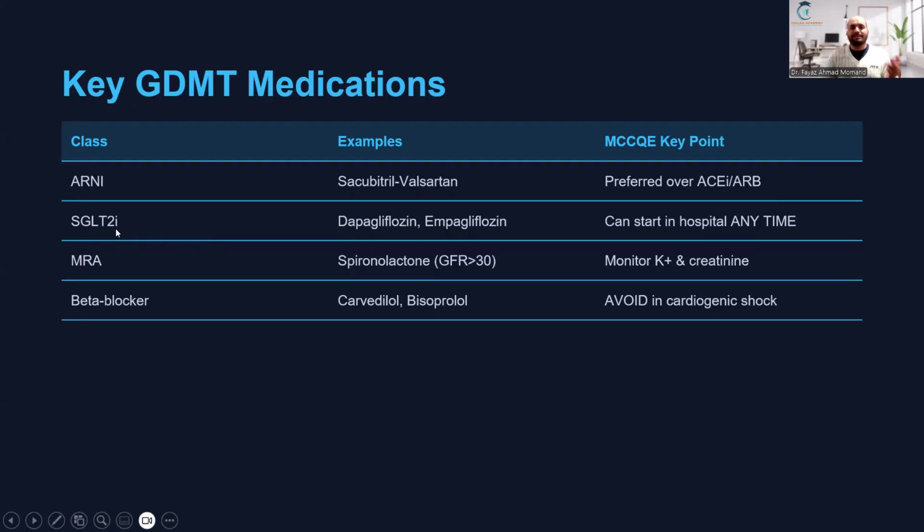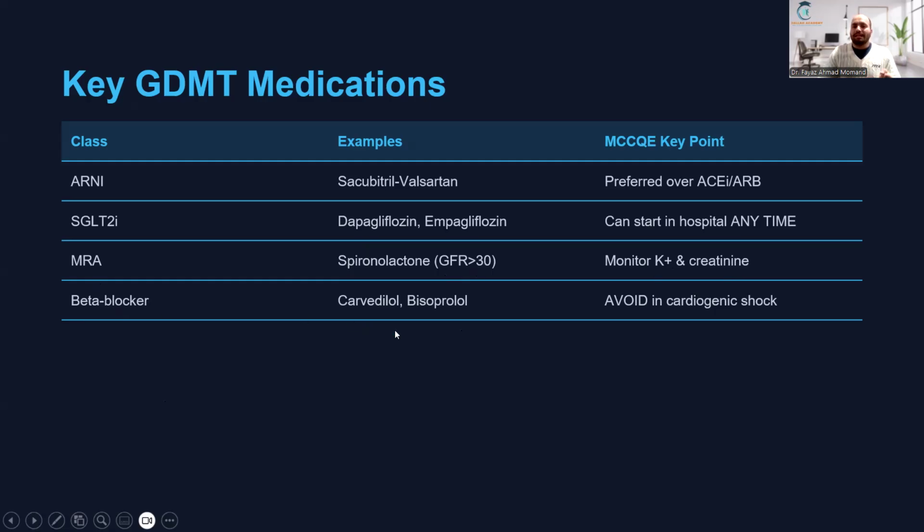They are used in diabetes, but they have mortality benefits in heart failure too, so we can use them even if the patient doesn't have diabetes. Dapagliflozin and empagliflozin are medications that we start in hospital anytime during their course of heart failure management. MRAs, or mineralocorticoid receptor antagonists, are spironolactone and eplerenone. We use them if GFR is more than 30, but we have to monitor potassium and creatinine since they can cause hyperkalemia.